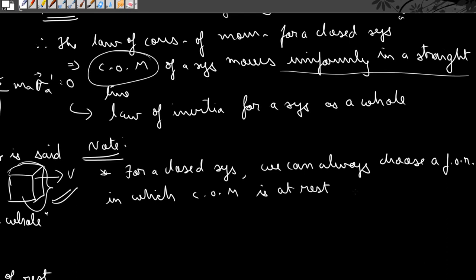Okay. This is the same as choosing K dash where P dash was equal to 0. This implies V dash given by P dash by summation over m is also 0. This V dash is the velocity of the center of mass, which is 0, which means center of mass is at rest. Okay.